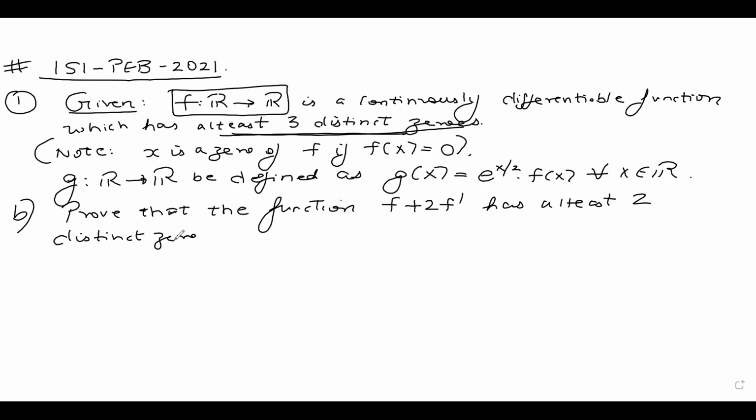Now this is a good one. We need to prove that f plus 2f dash has at least two distinct zeros.